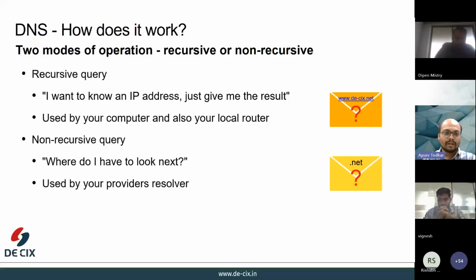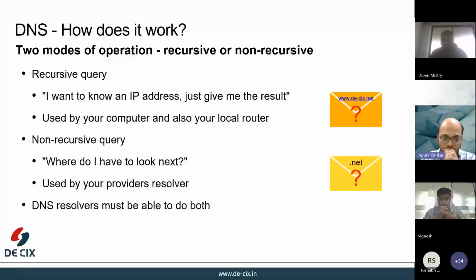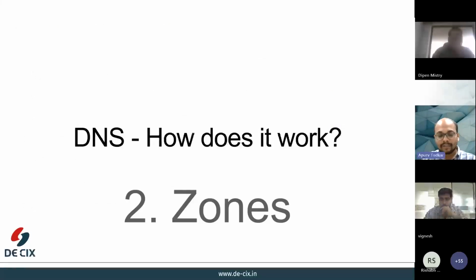So your computer typically uses the recursive queries, while the ISP resolver may use non-recursive queries to gather information from multiple DNS servers for your queries. So the ISP's DNS resolver must be able to do both of the functionalities, that is the recursive one as well as the non-recursive ones.